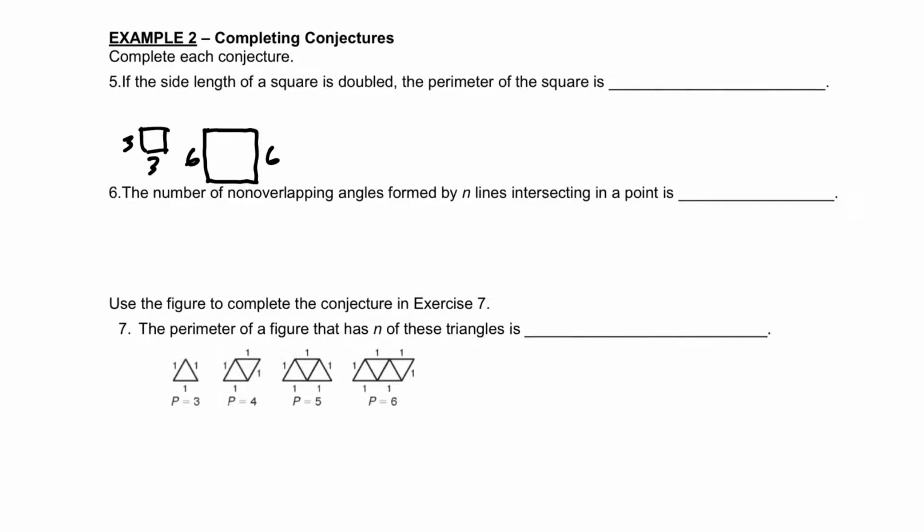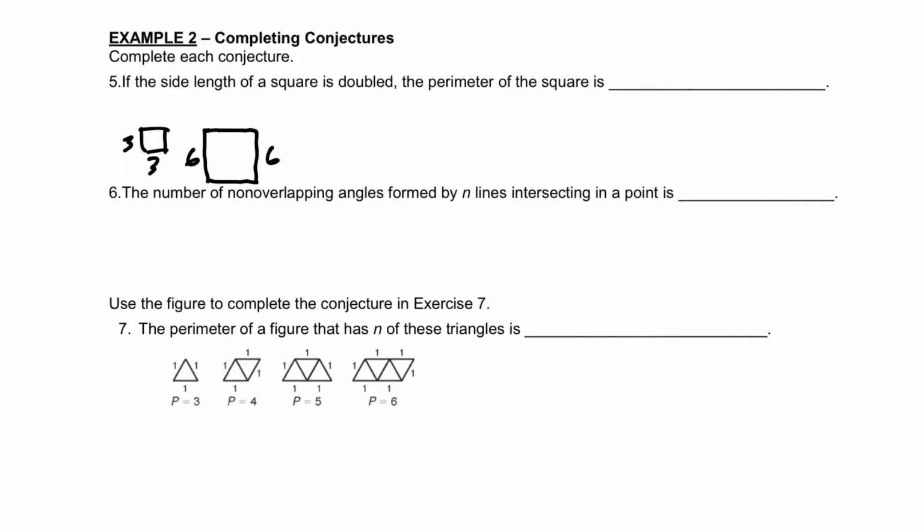So what I've drawn for you here is number 5 says that if we double the side length of a square, so you can see here I've got a square where all the sides are of length 3, and then I doubled the length of those sides to where I have a square with all the side lengths would be 6.